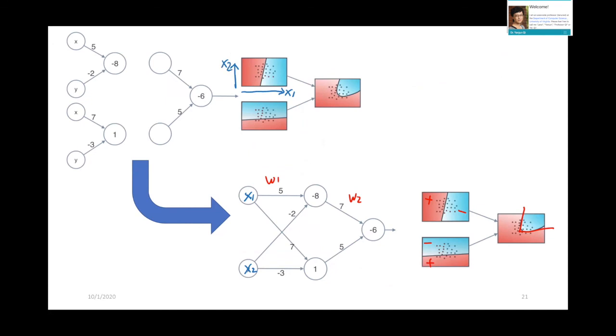The color here means the Y. So you can actually think about the weights, right? The first gives me a plus minus decision boundary. The second neuron, so H1 and H2, H1 and H2.